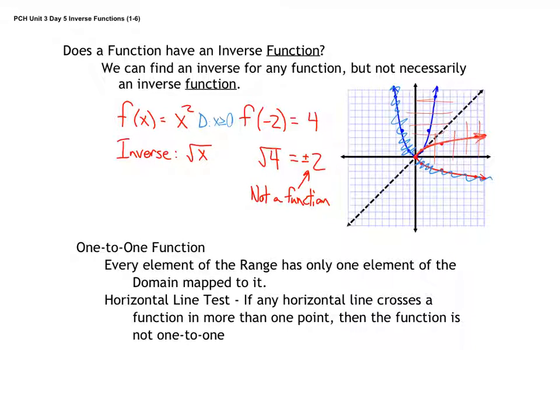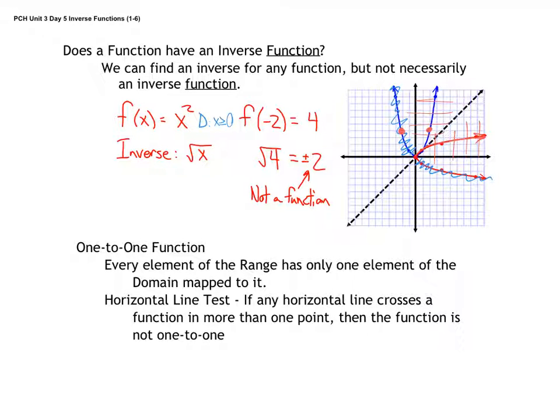Does that make sense? I'm sorry, what do you mean by one-to-one again? One-to-one means that every y, everything in the range, only has one x being mapped to it. So like here, you had y equals 4, but there were two different values of x getting mapped to 4.